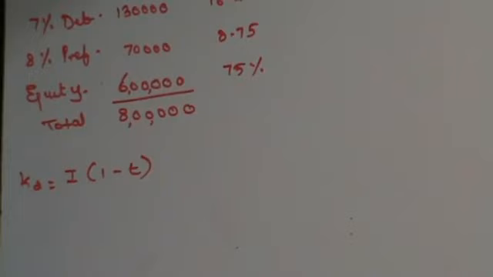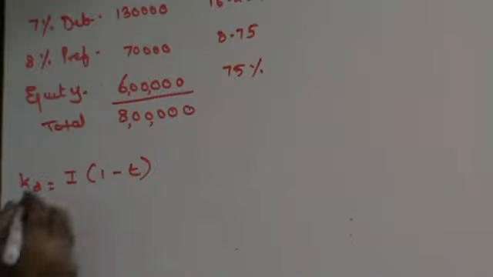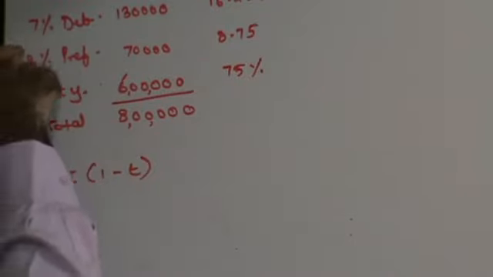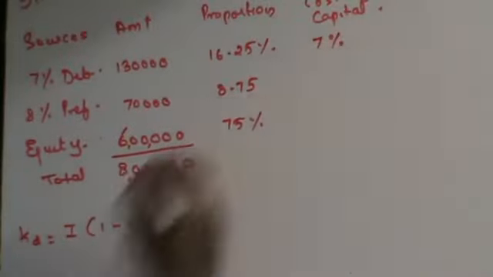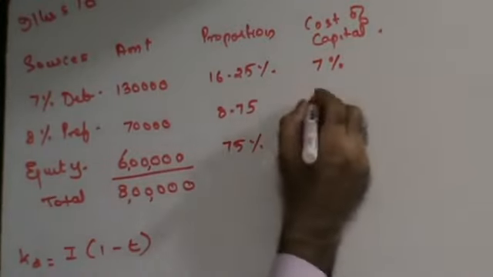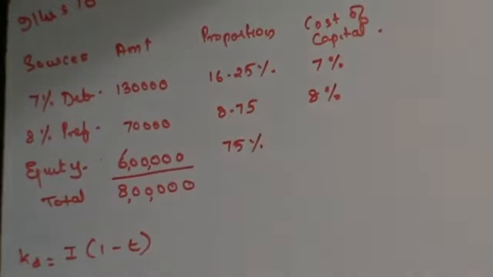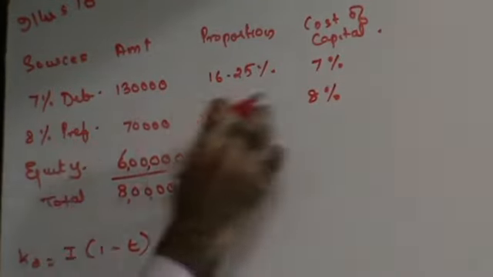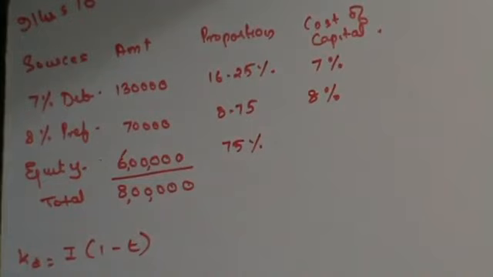They haven't said anything about tax. So straight away the debenture rate will be the same rate, 7%. The preference share rate is always the same percentage, that is 8%.